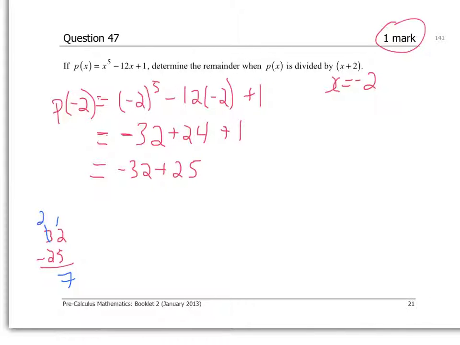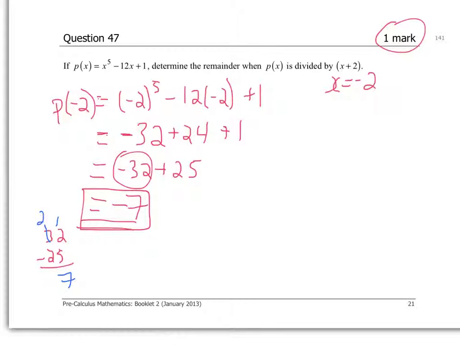So our final answer here is negative 7 because the negative 32 dominates the positive 25. So the remainder is negative 7. Now we're done. We got our mark.